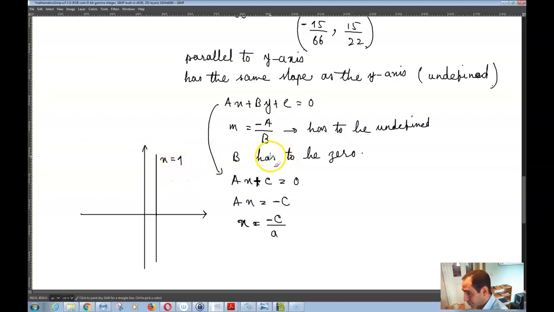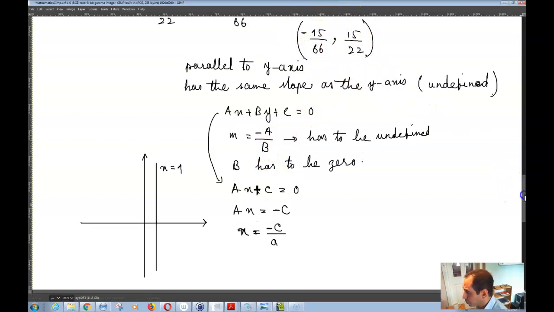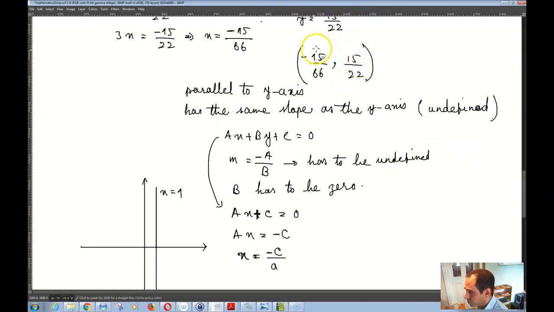So now, since we know that the line goes through this point, negative 15 by 66, which is some negative number over here, very close to negative 1, and also 15 by 22.